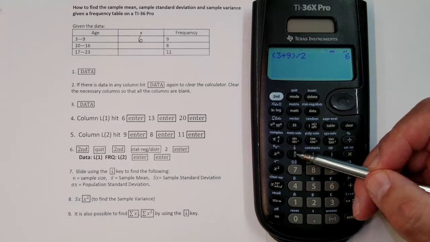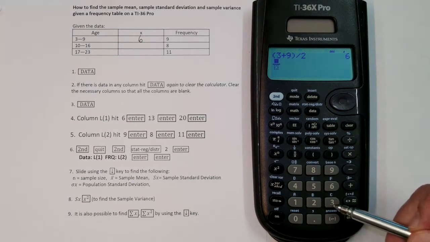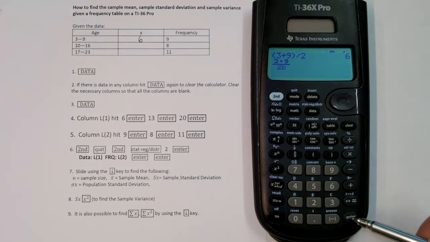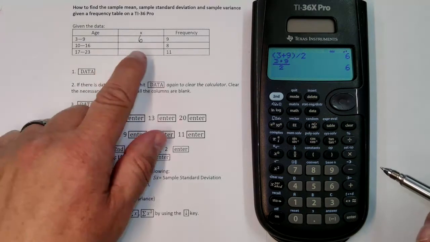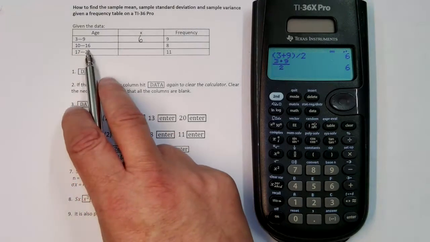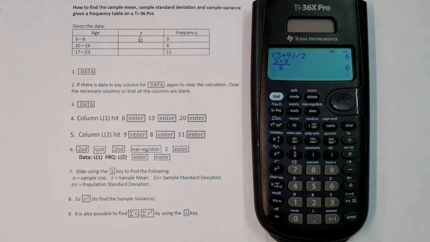You could also just use the fraction key and go 3 plus 9 in the numerator and 2 in the denominator and get 6. But that's how you get 6. So like 10 plus 16 is 26, divided by 2 is 13.